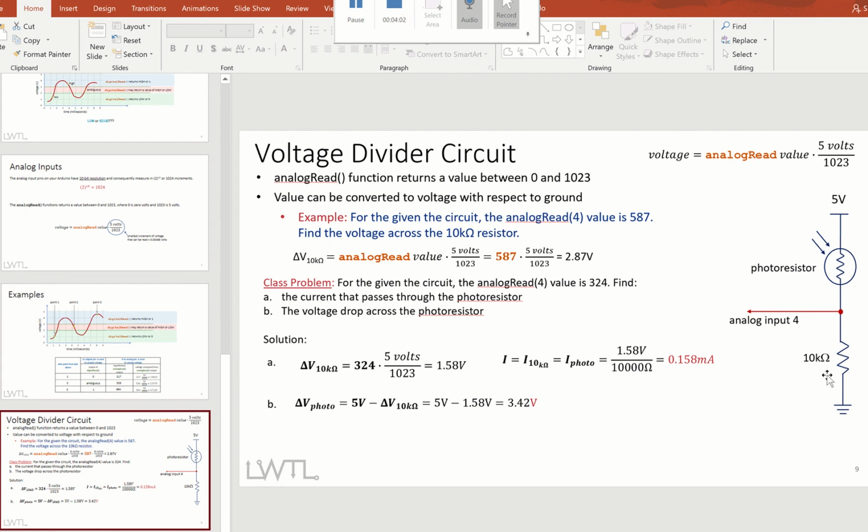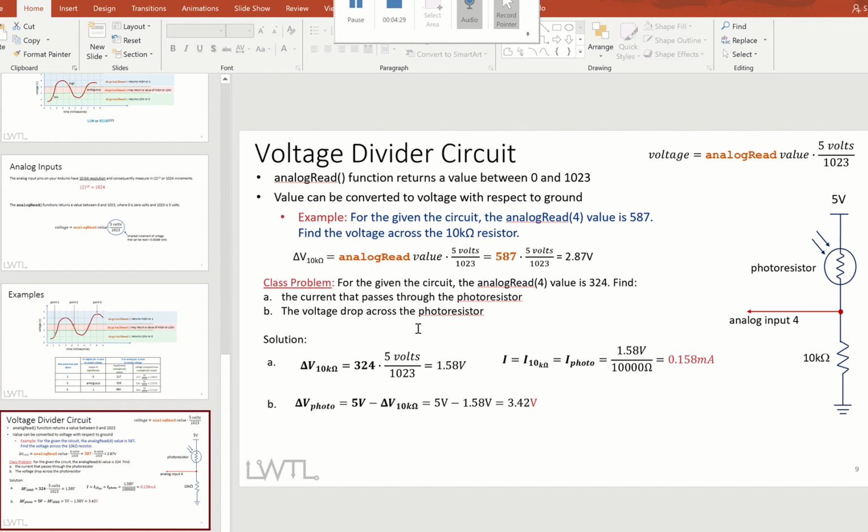What we can do for this situation is construct this circuit, with this pin going to analog input number 4, and we read this value. If this value is read as 587, can you figure out the voltage across the 10 kilo ohms and also the voltage across this photoresistor?